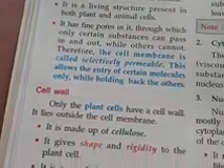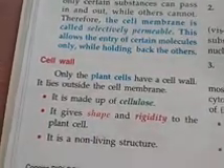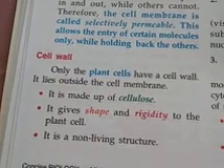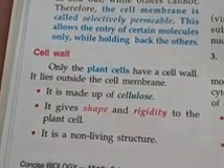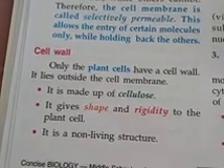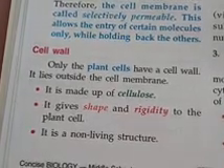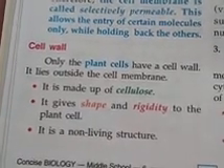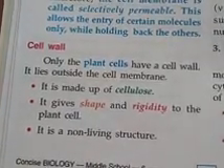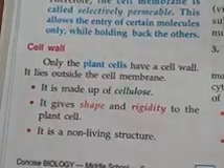The cell wall. It is a covering outside the cell membrane present only in plant cells. The plant cell wall is made up of cellulose. It is non-living. It gives shape and rigidity to the plant cell.